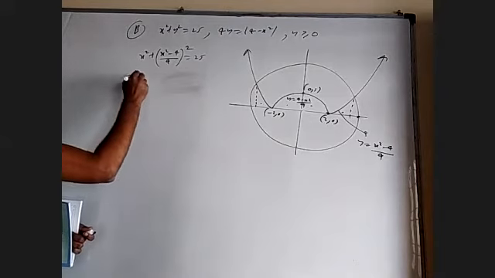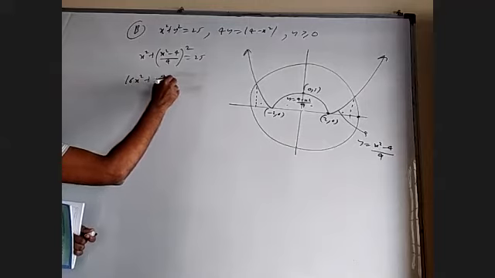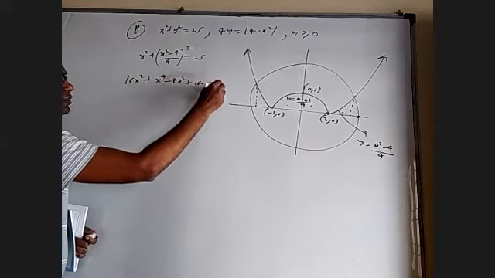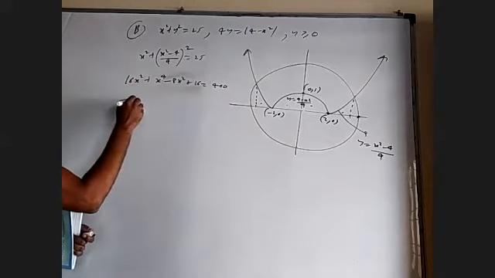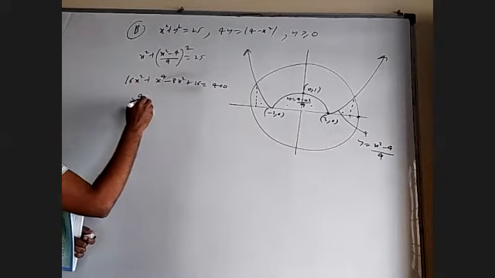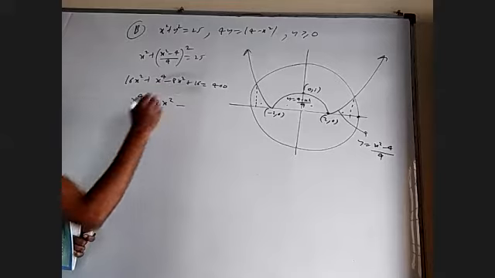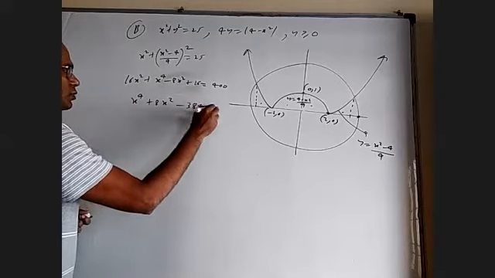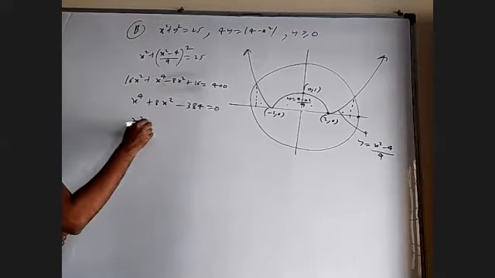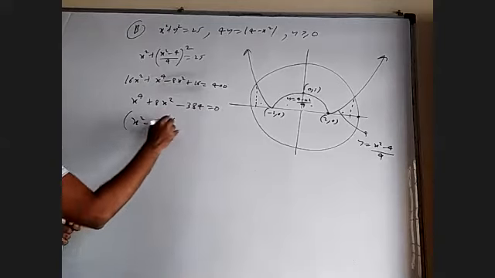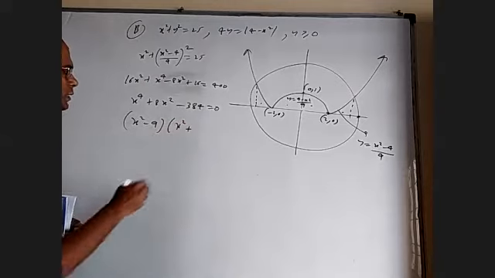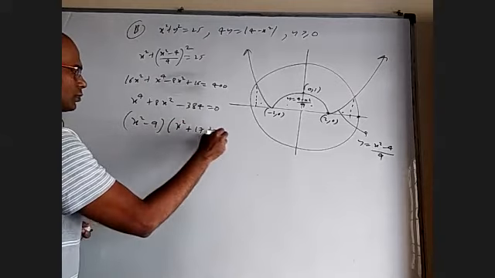Okay, I have to multiply by 16 now. So 16x square plus x power 4 minus 8x square plus 16 equal to 16 into 25, which is 400. Now it is x power 4, 16 minus 8 is plus 8x square, minus 384 equal to 0. It should be x square minus 9 into x square plus 17 equal to 0.